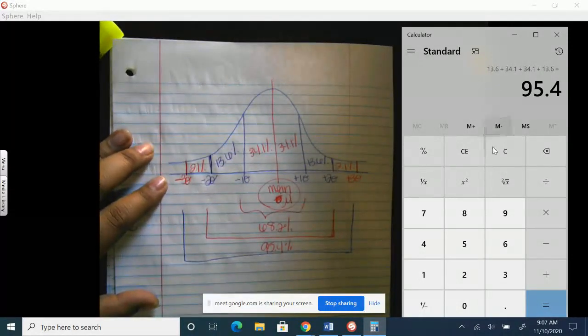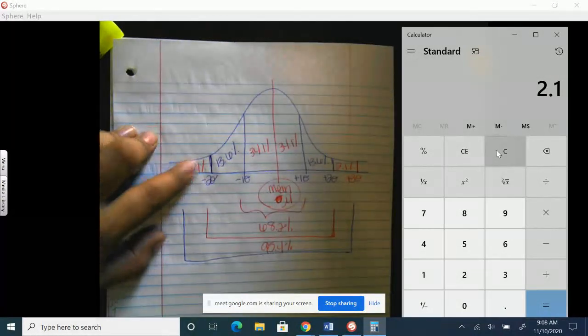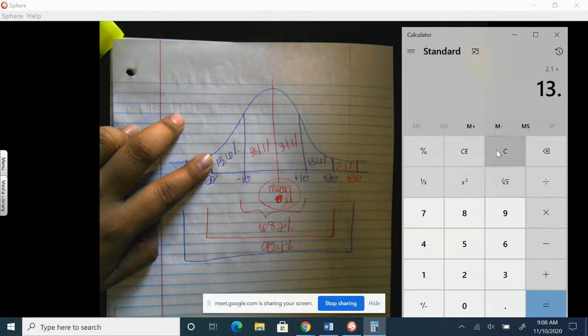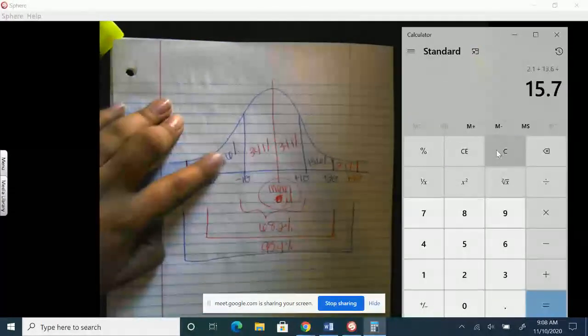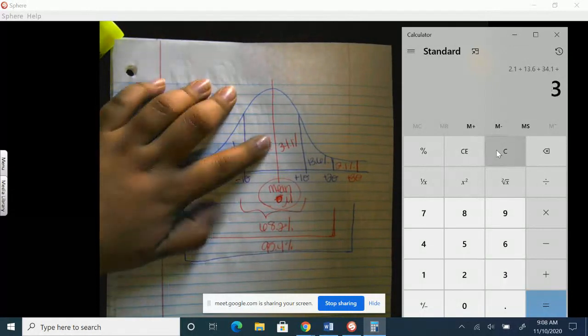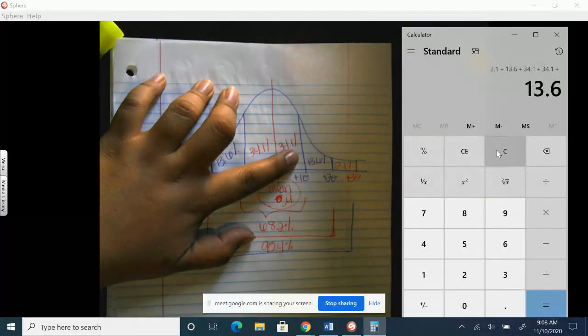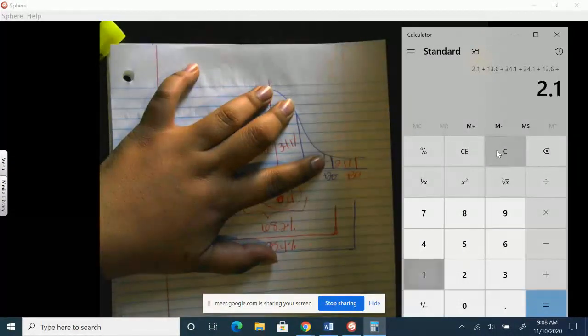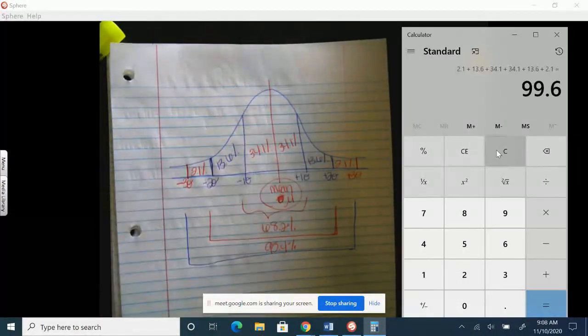Let me clear this so we could start all over. So we have 2.1% from here, plus 13.6%, plus 34.1%, plus 34.1, plus 13.6, plus 2.1, and our total, we get 99.6%.